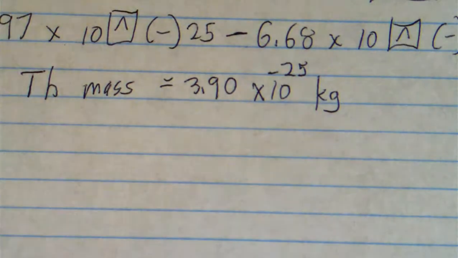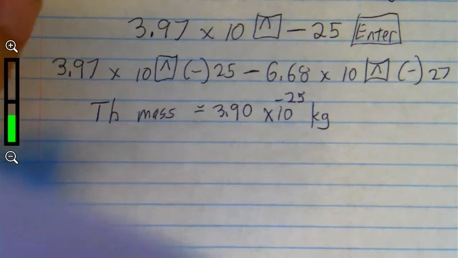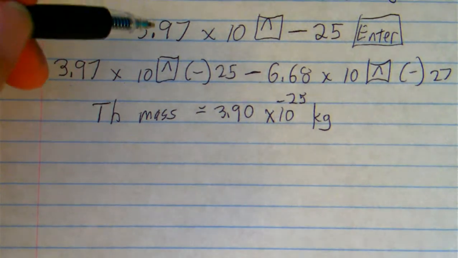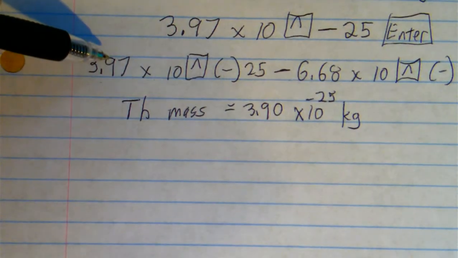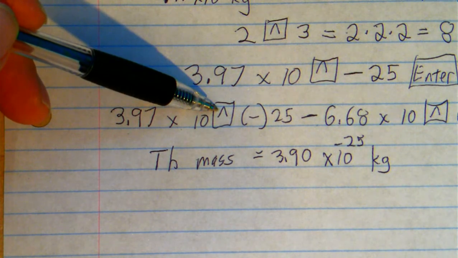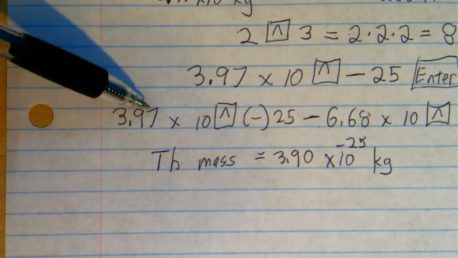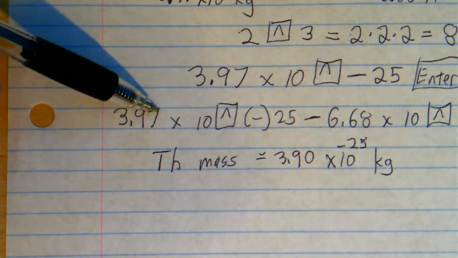So why don't I show you the correct way to do this, instead of always getting lucky with the wrong way. So the problem is like this. When you use the caret after a 10, your calculator interprets this as two different numbers.